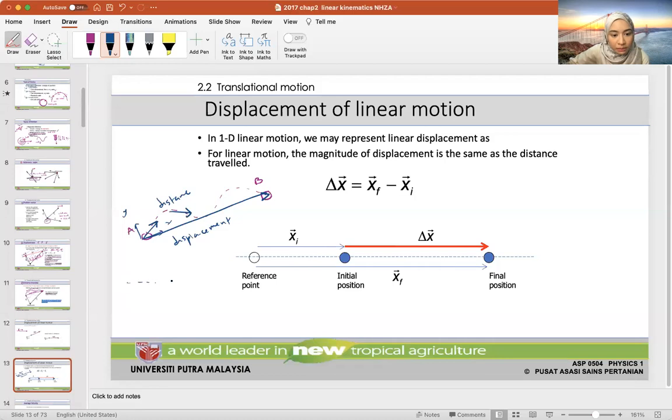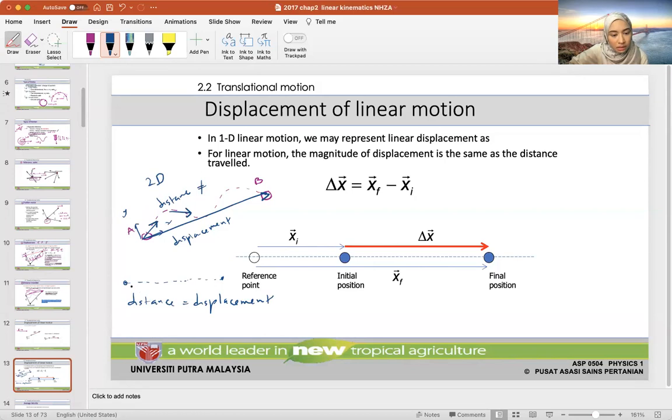Kalau semut tu jalan macam ni, okay, dia jalan dalam straight line, maka the distance is equal to the displacement. So in 1-dimensional motion, the distance is always equal to displacement. But in 2D, the distance is not equal to displacement sebab dia jalan lagi jauh kan.